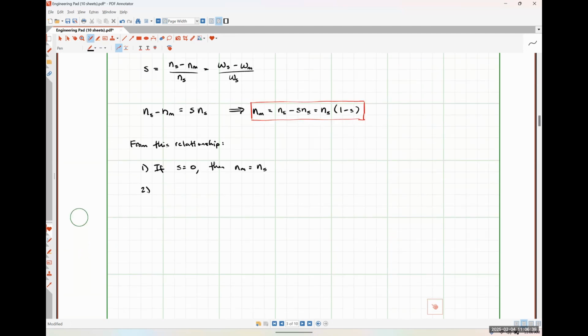The second thing that we can infer is that if our slip is equal to 1, so if s is equal to 1, then nm must be equal to 0, which means our rotor isn't moving.